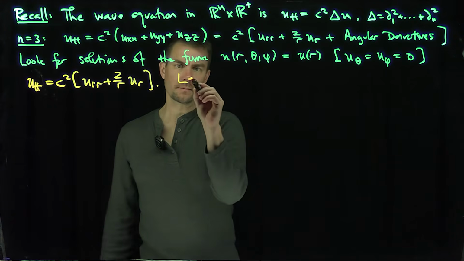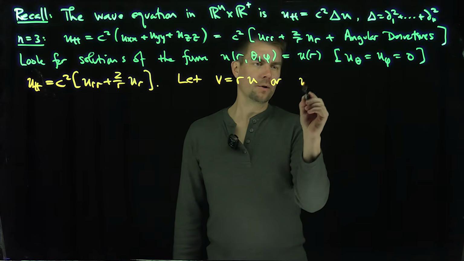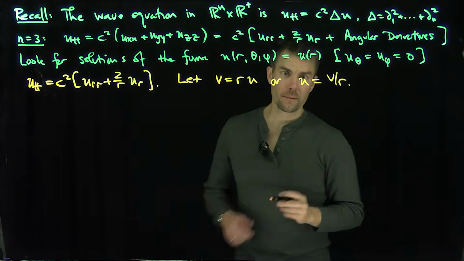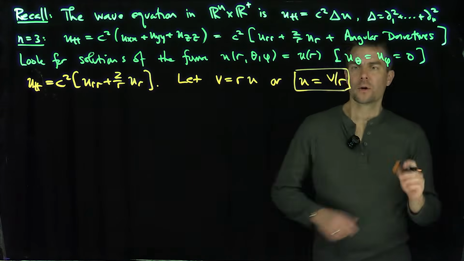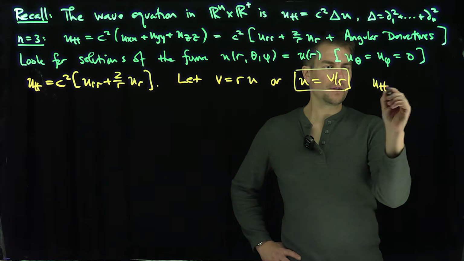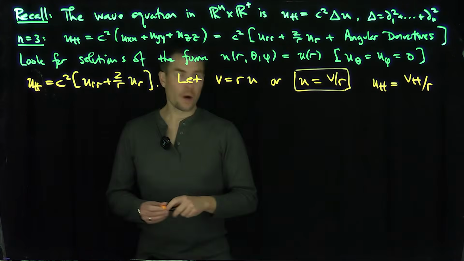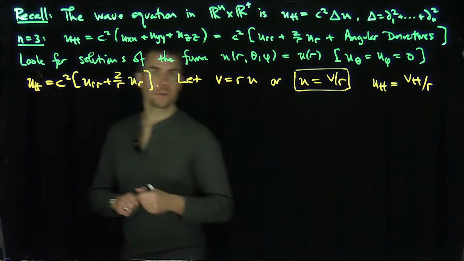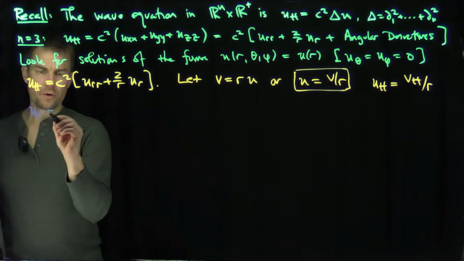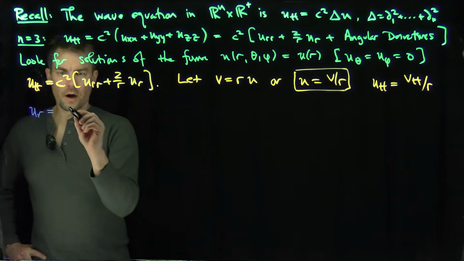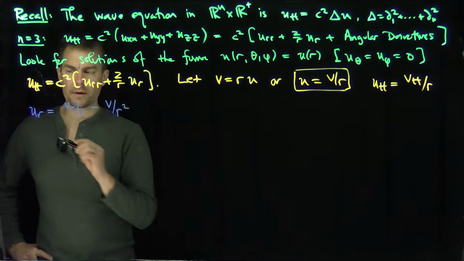What we're going to do is let v be ru, or u equal to v over r. We're going to look for solutions in this auxiliary form. If this is the case, what will u_tt be? u_tt is just going to be v_tt over r. Now let's do the r derivatives. u_r is going to be v_r over r minus v over r squared.